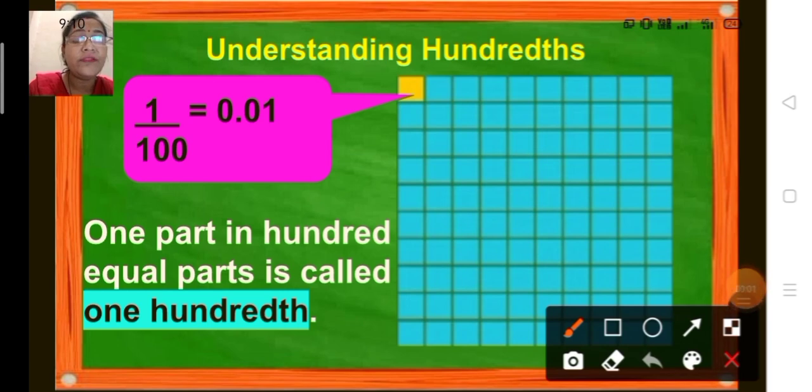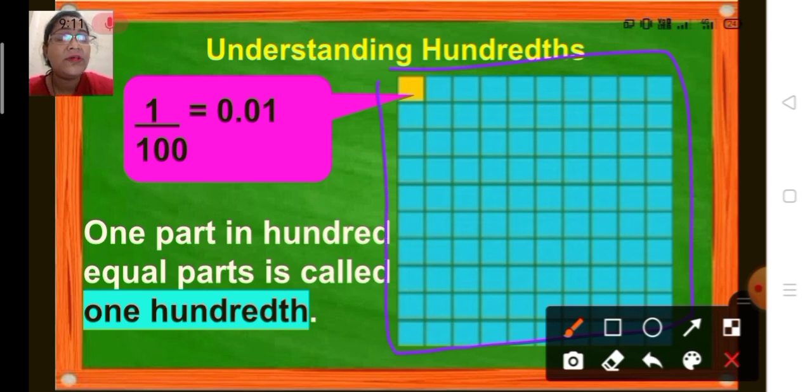Let us move on to the next topic, that is understanding hundredths. Children, for this a whole square is divided into 100 equal parts, and each small part is called a 1/100th.